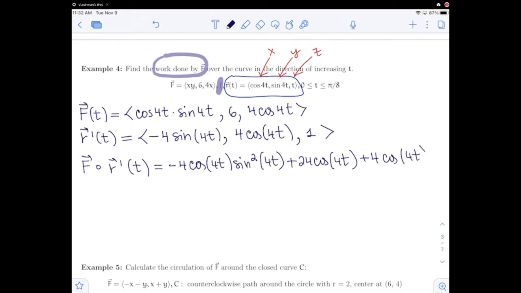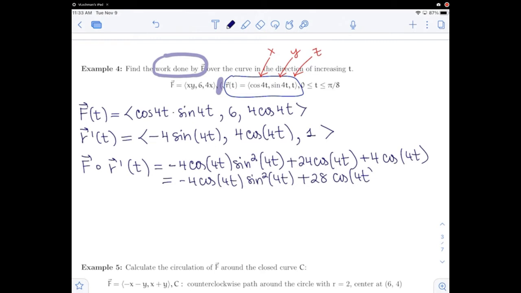We can combine these two terms, so we get negative 4 cosine of 4t sine squared of 4t plus 28 cosine of 4t.